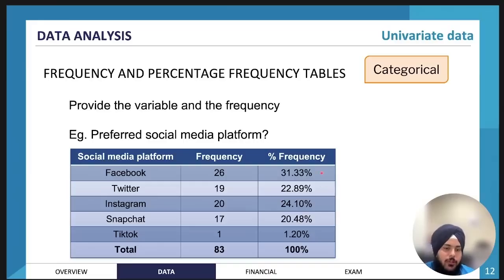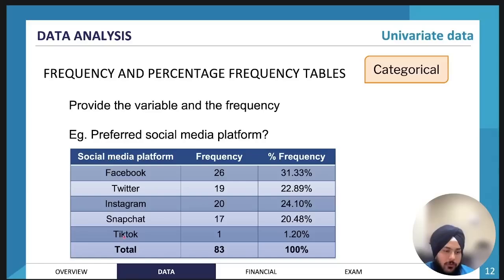This is really good for depicting data, as we can immediately see that Facebook has a really high frequency. Even in a normal frequency table, we can easily tell that Facebook has a really high frequency.